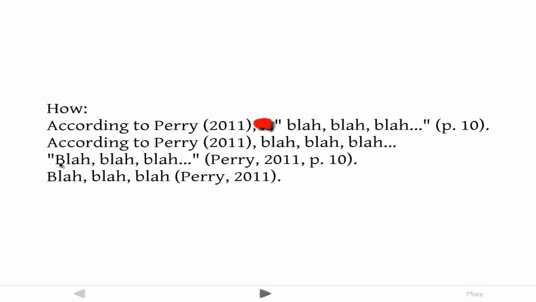This third example begins now with a direct quote, and the author, year, and the page number fall in between the parentheses, ending with a period. The fourth example is a paraphrase followed by the author and the year within the parentheses with the period at the end. One of the things we'll talk about here in a few minutes is the preference between one type over the other. For example, writing according to Perry in this case, or putting the author's name Perry within the parentheses.